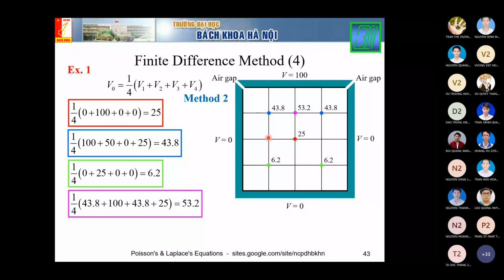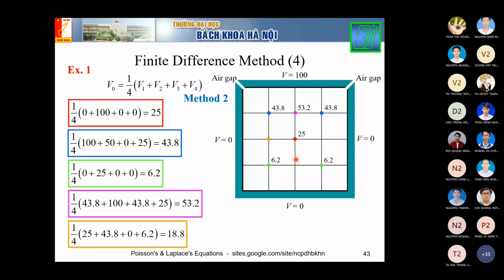But firstly, we try this. Now we can apply the diamond, because we knew the 4 surrounding nodes. So it will be this plus this plus this plus this over 4. 18.8. Okay, and we process one into this.